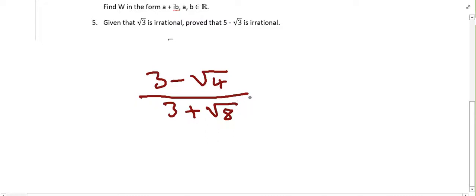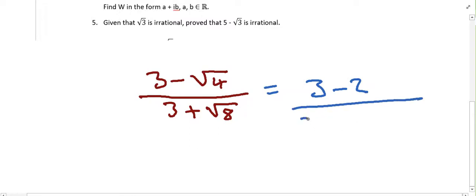Square root 8. So if I was to simplify this, you're going to find that this can be written as 3 minus square root 4, which is 2, over 3 plus square root of 4 times 2.